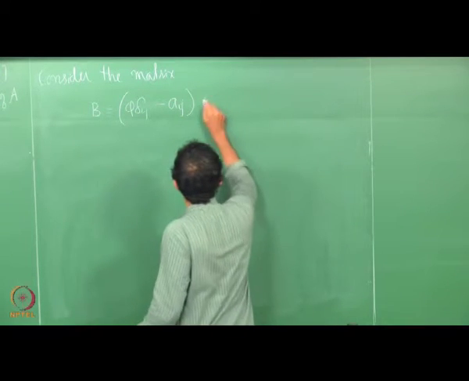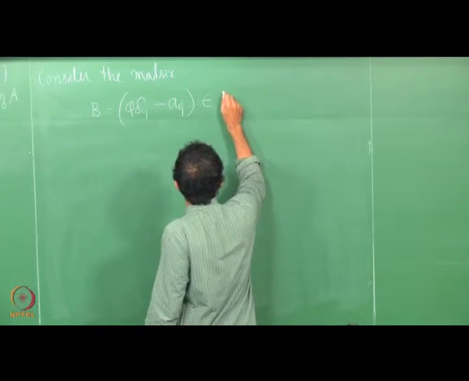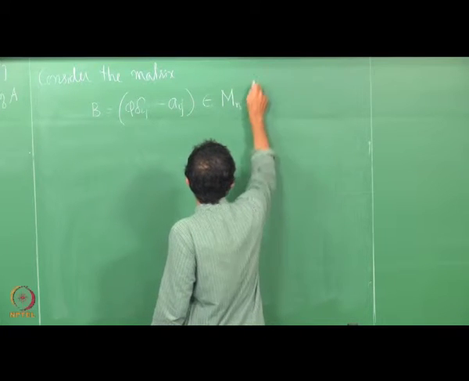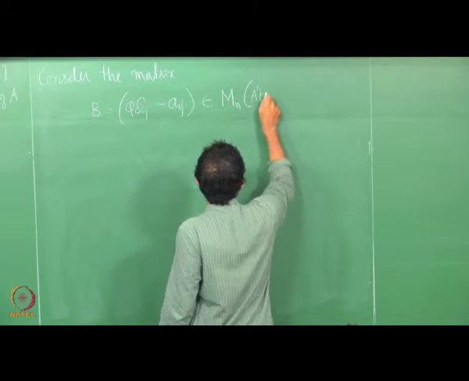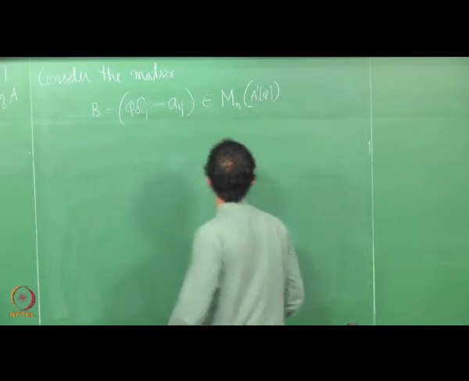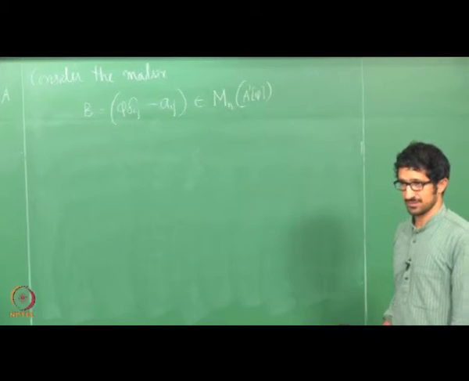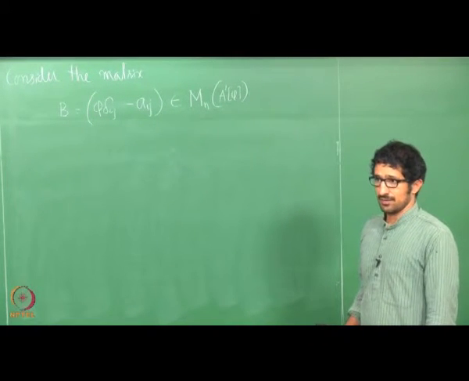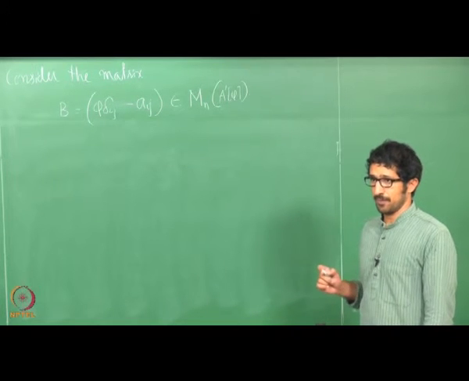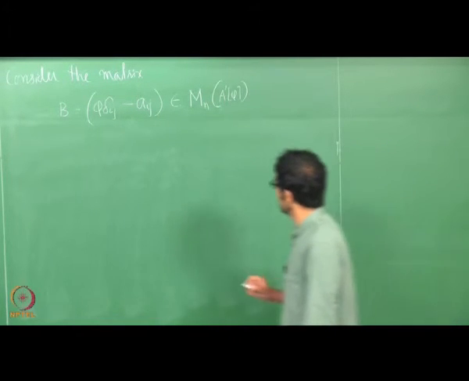This is an n by n matrix with entries coming from A[φ], a polynomial ring over a commutative ring. Okay.